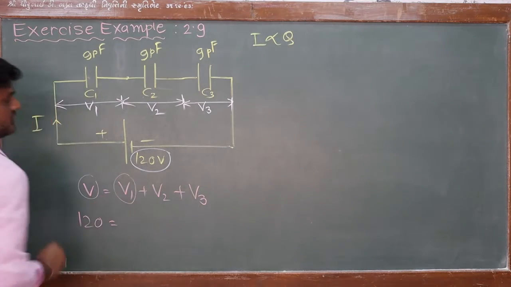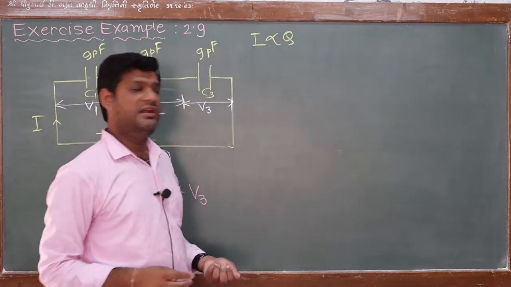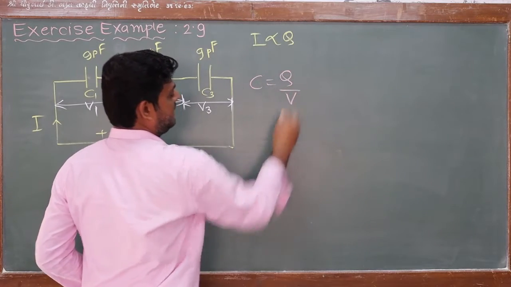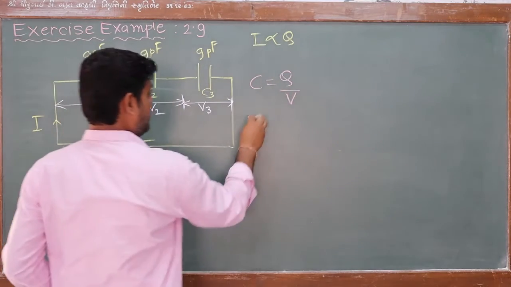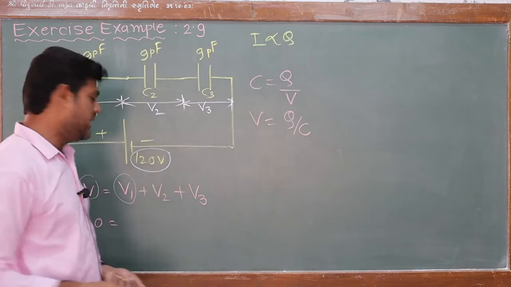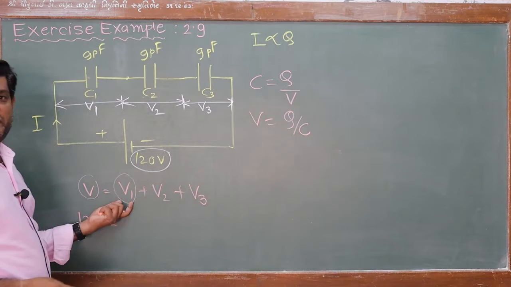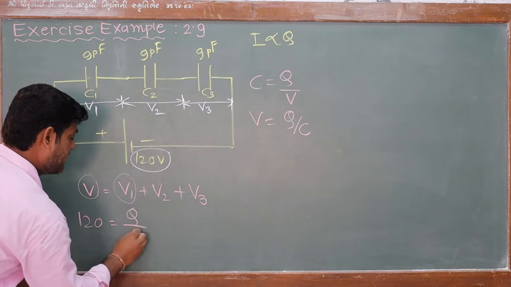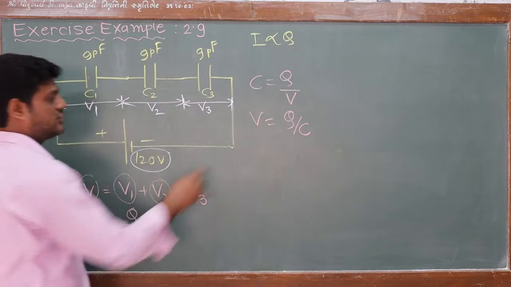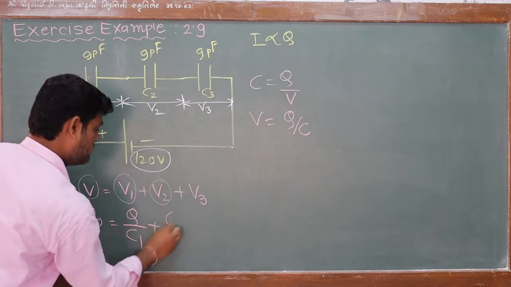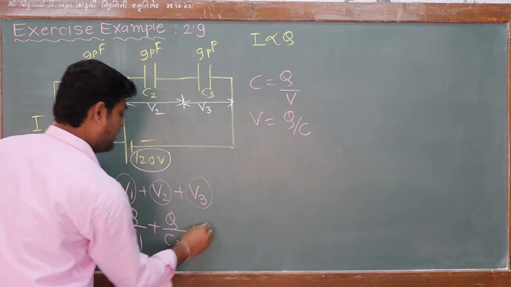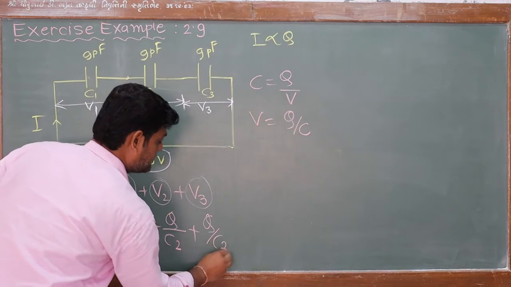What is V1? We know the basic formula, C equal to Q by V. So V equal to Q by C. We can write V1 equal to Q by C1, V2 equal to Q by C2, and V3 equal to Q by C3.